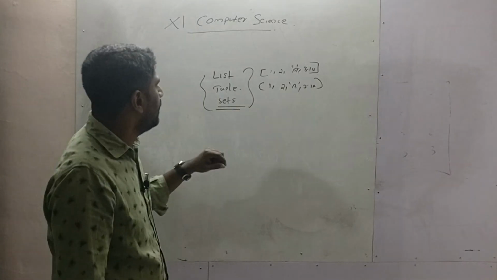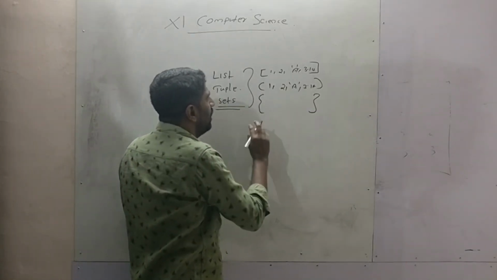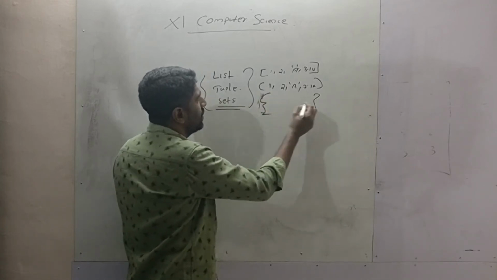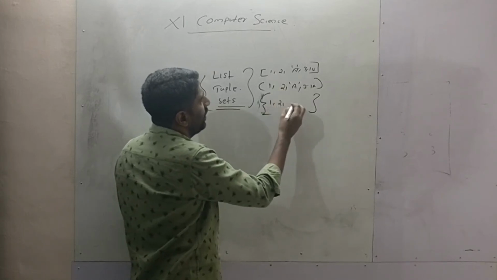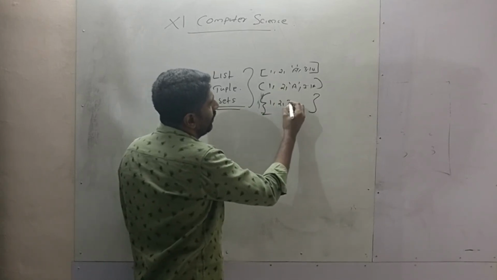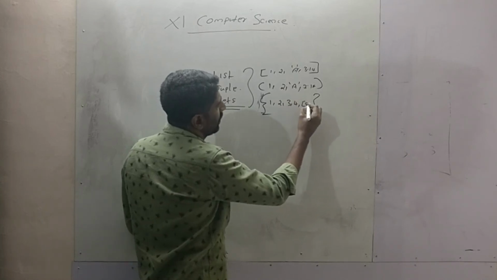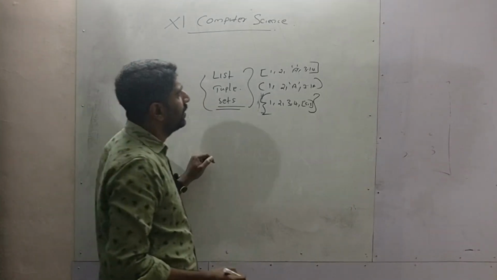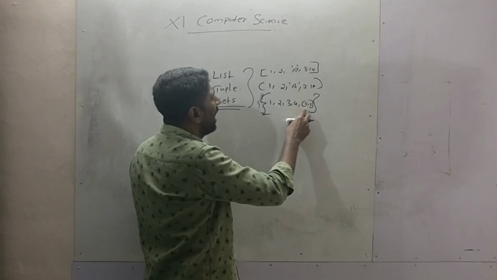And the last one is set. Set means a group of elements enclosed in curly braces. These elements are also separated by comma. But what is the difference? The difference is that mutable elements are not allowed in a set.